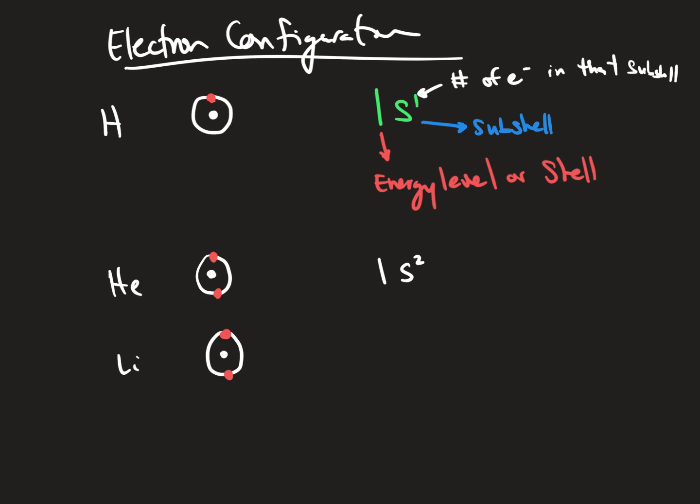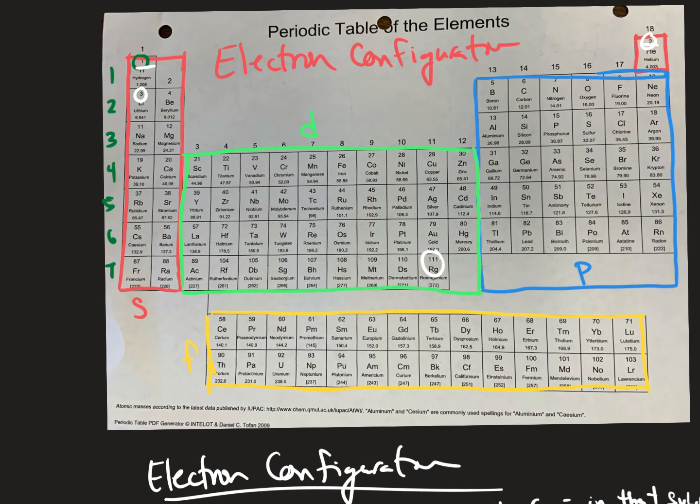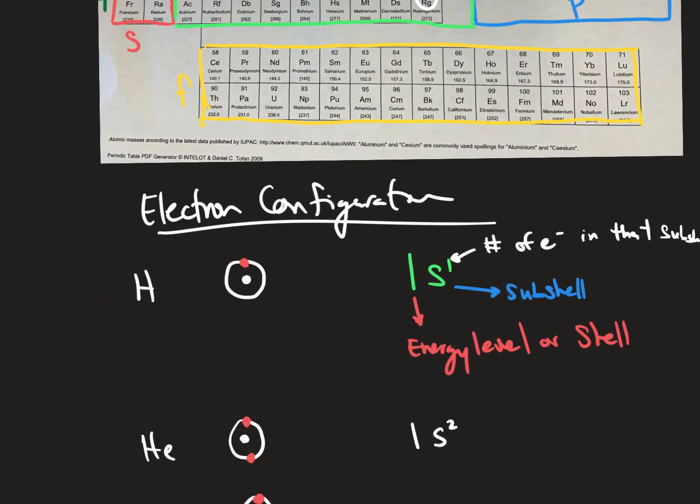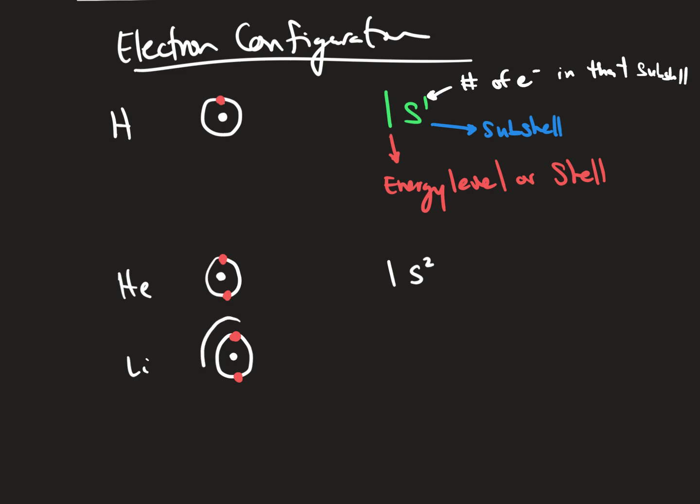But then on the second energy level, right here, lithium's third electron is on energy level 2. So here's our energy level 2, and we have 1 electron there.